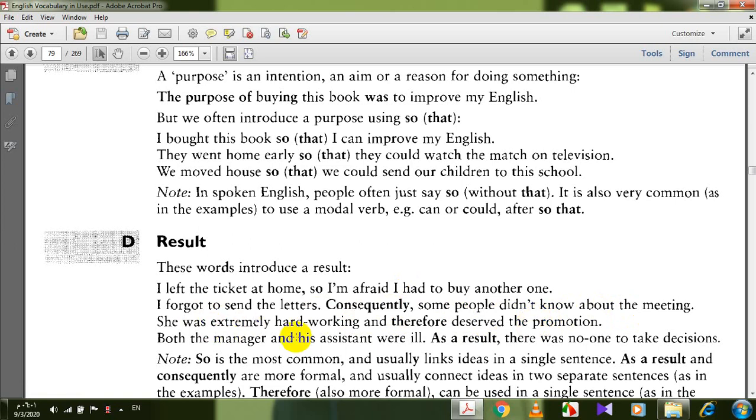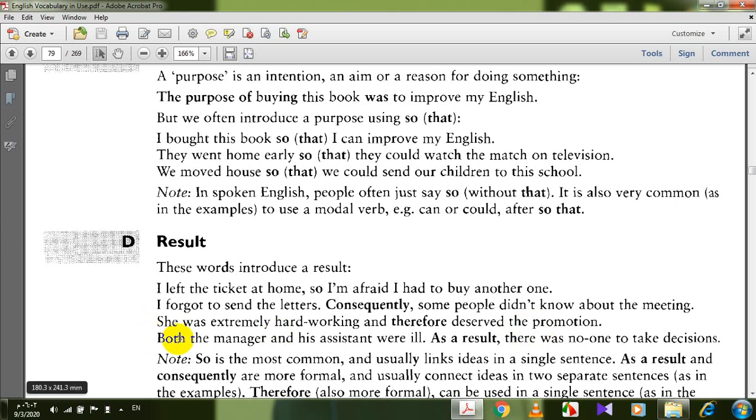She was extremely hardworking and therefore deserved the promotion. Notice here it is not therefore, it is and therefore. Therefore is used in one sentence; we don't have two sentences here. We didn't say therefore she deserved the promotion.